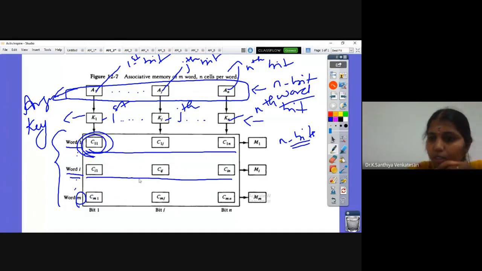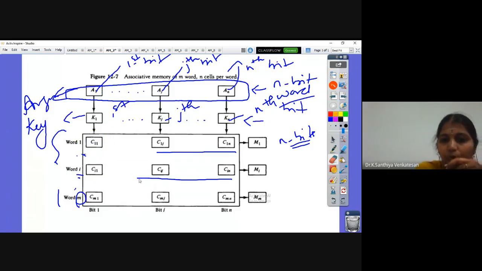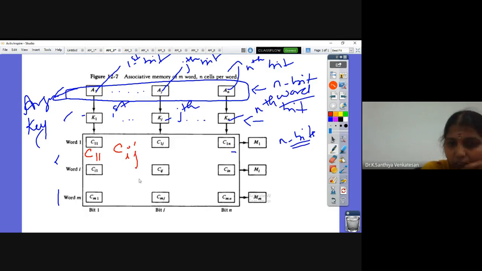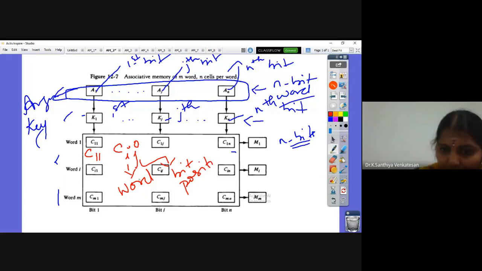So what does C11 represent? C11 represents the first word and first bit. I'll write it here. C11 is nothing but Cij, where i is the word number and j stands for the bit position. So C11 is the first word, first position.